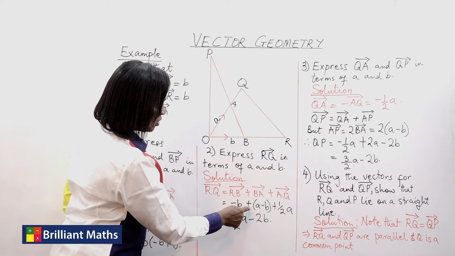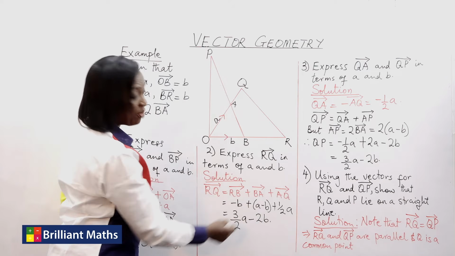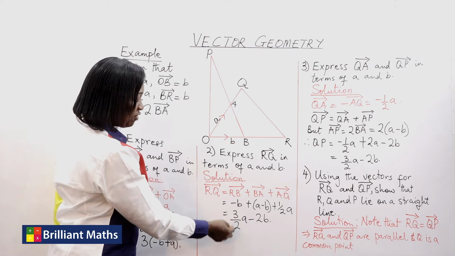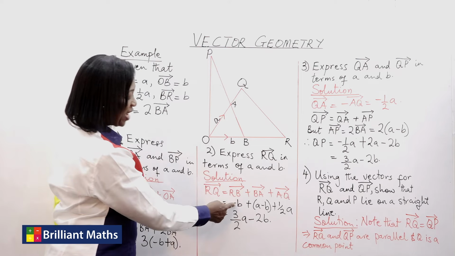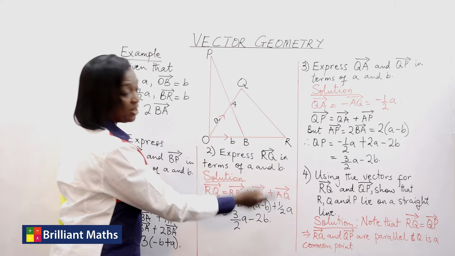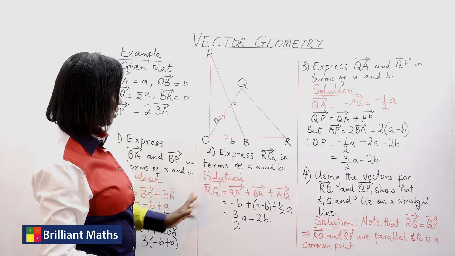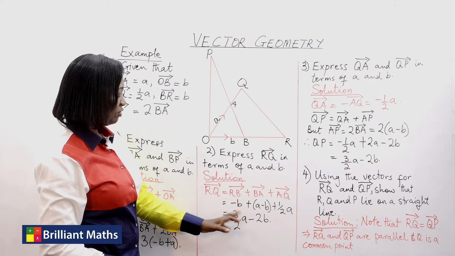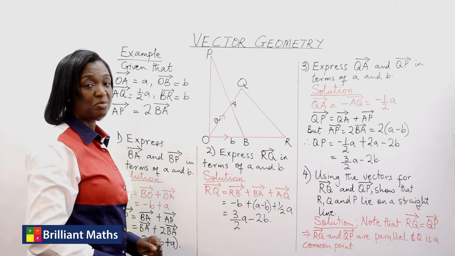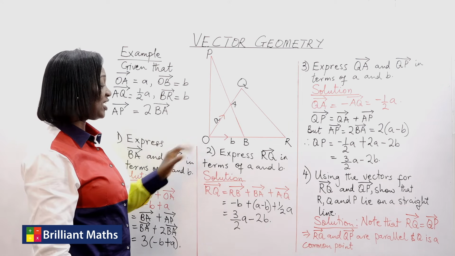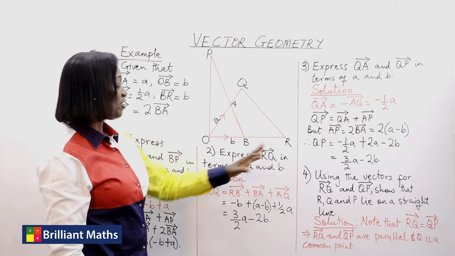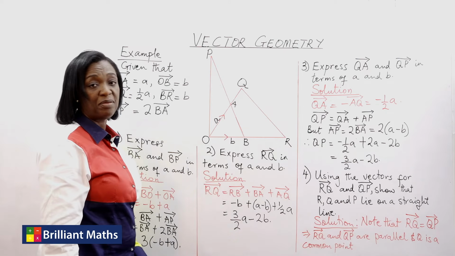Half a plus a, when you open the brackets, that will be 3/2 a. Minus b minus b will give us minus 2b. So the vector RQ is equal to 3/2 a minus 2b. We have also answered that question. We have expressed RQ in terms of a and b.